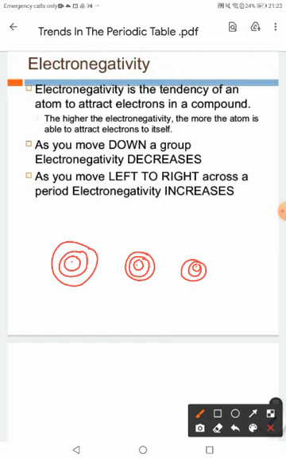That means the proton will attract the electron more readily in the third element. Due to this less distance between proton and valence electron, electrons will be attracted more forcefully in the third element, that is aluminum. If we are talking about the third row, it is sodium, magnesium, and aluminum. Aluminum will attract the electron more readily. Magnesium, due to its increased size, will attract the electrons less readily.